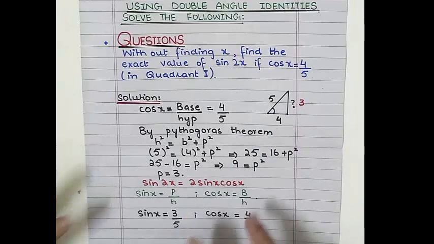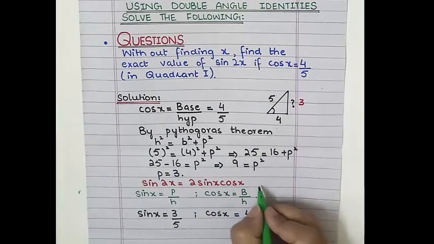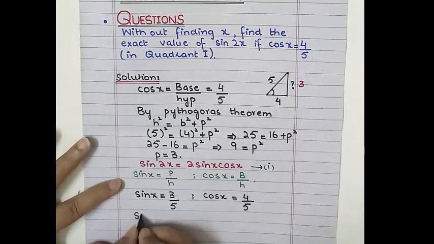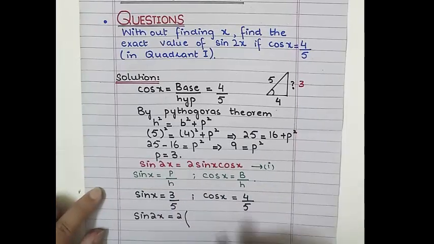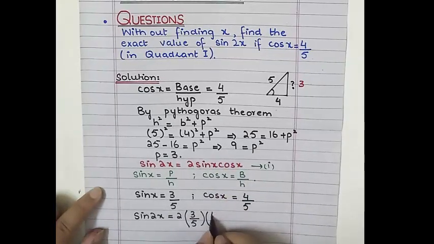Now putting these two values in equation number 1, we have sine 2x is equal to 2, the value of sine x, which is 3 over 5, and the value of cos x, which is 4 over 5.